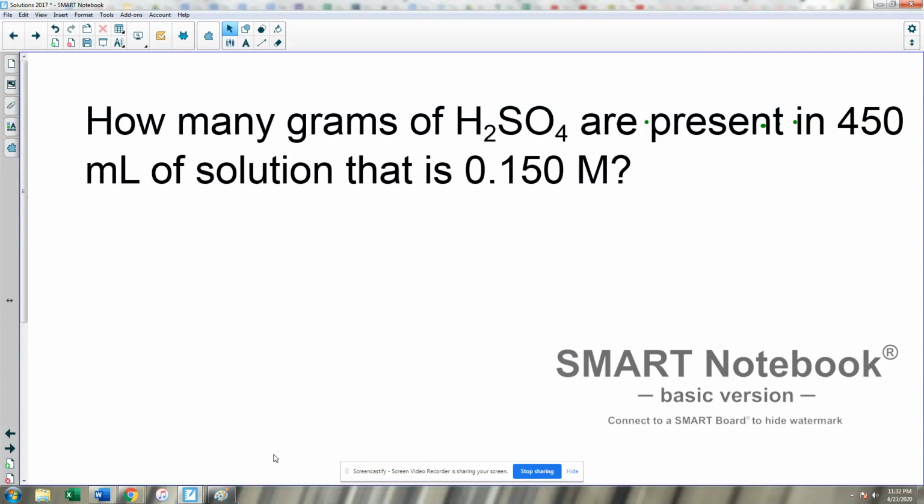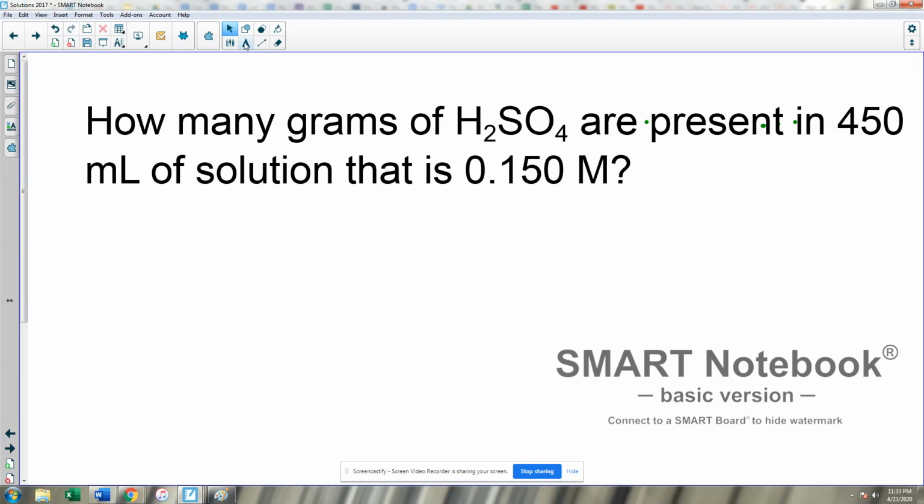Okay, so I want to do another example where we're going sort of the other way, where the number of grams that we would need is unknown. So in this case, we have to sort of start knowing a little bit about the solution and work our way backwards. So this says how many grams of H2SO4 are present in 450 milliliters of a solution that is 0.150 molar.